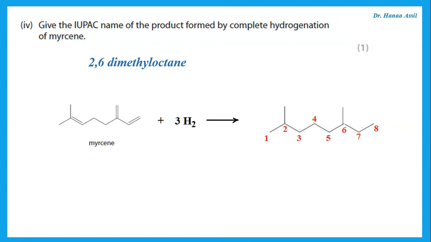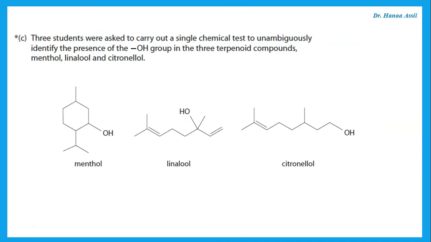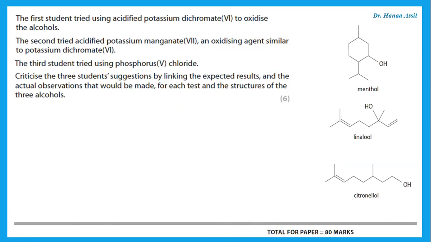So 2,6-dimethyloctane. 3 students were asked to carry out a single chemical test to unambiguously identify the presence of the OH group in the 3 compounds. So I need a test for OH that can work with all 3. Which test?